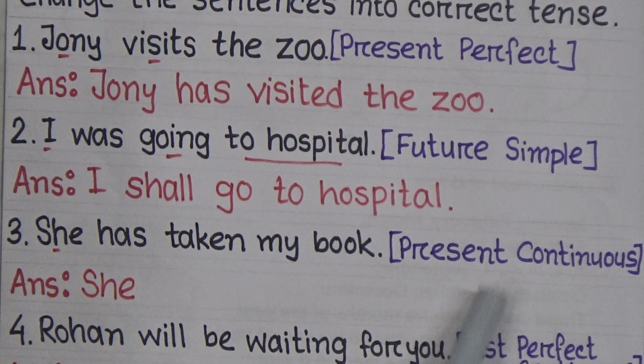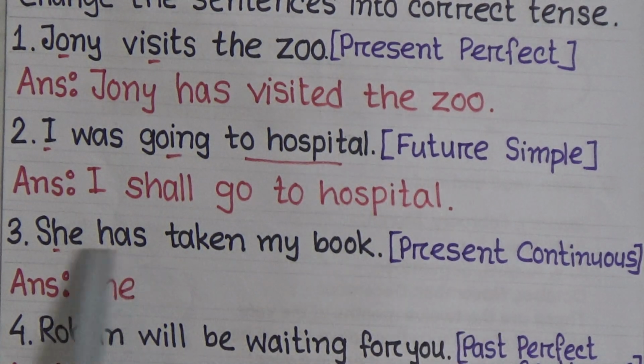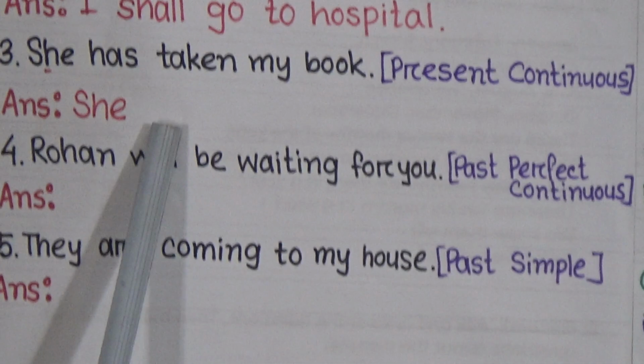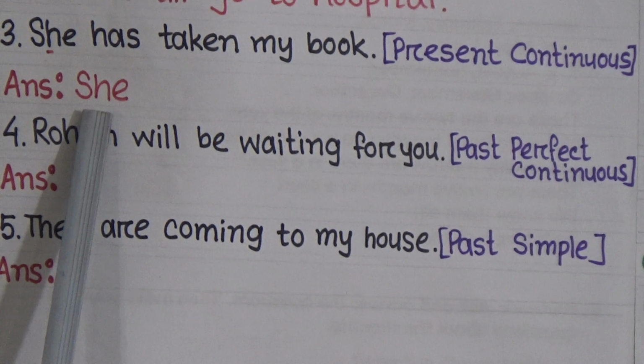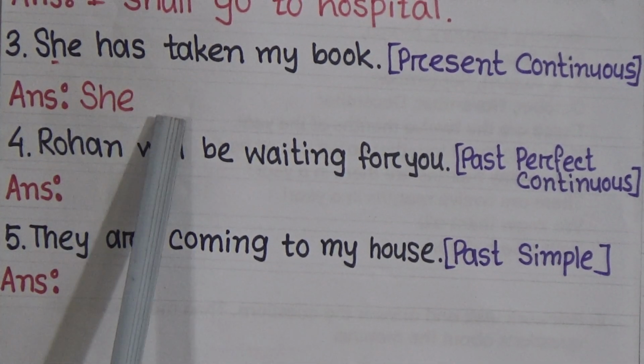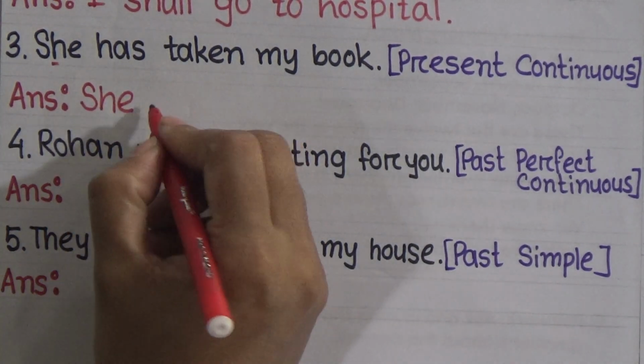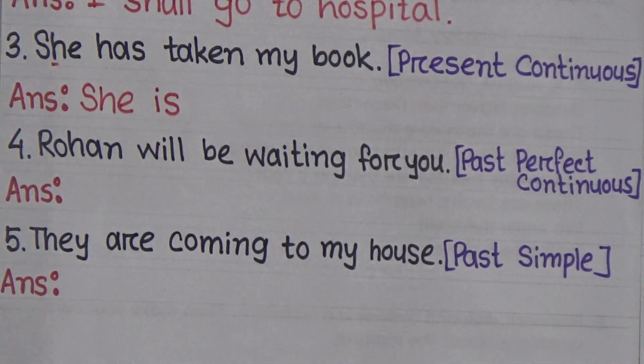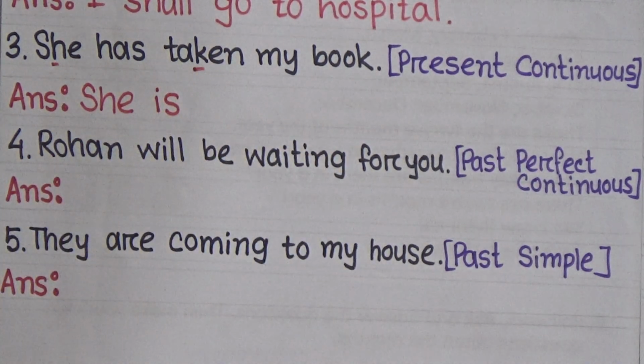Then for present continuous tense we have to choose the verb am, is, are. So can you guess which one will be perfect here with the subject she? Yes, she is. We have to write is here. She is. Now we have to use ing with the verb. Verb is taken.